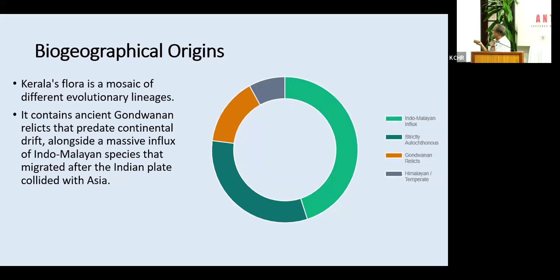So around 30% of the flora is indigenous, and Gondwana relics we still have around 20%, and the Himalayan and temperate is around 10%. So this is the overall composition. If you look at it biogeographic zone wise or origin wise, this is the way that the flora of our state has been quantified or identified.